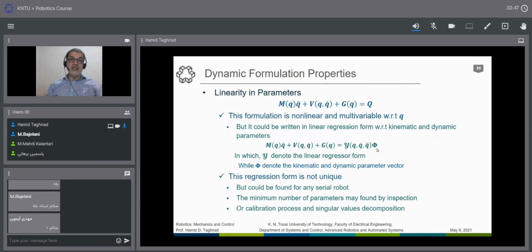But that is the usual and natural form of it. Many of these parameters might not come into the dynamic formulation. For example, if we have a planar robotic case, the center of mass is not 3 parameters, it's only 2. And the moment of inertia is not 6 parameters, it's only 1 parameter.